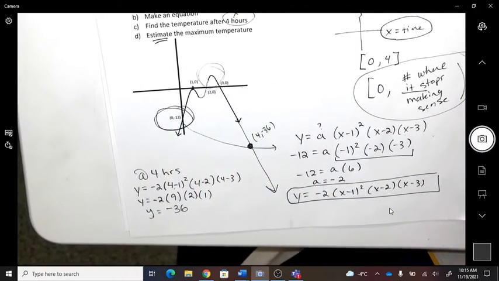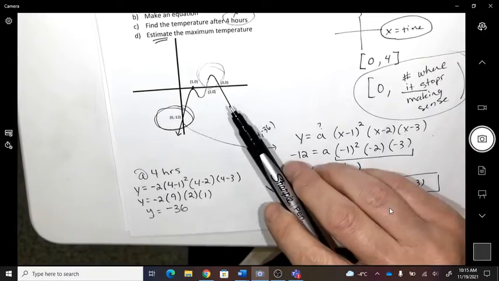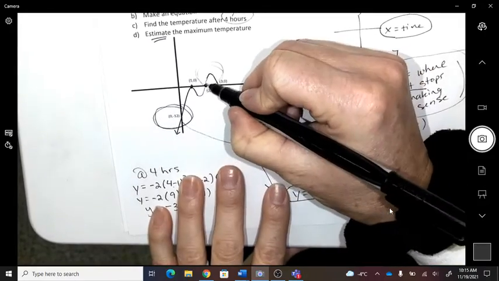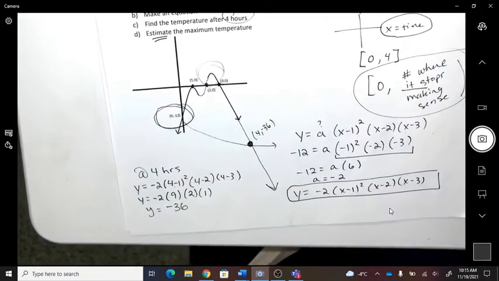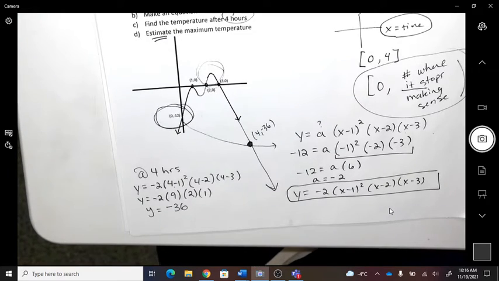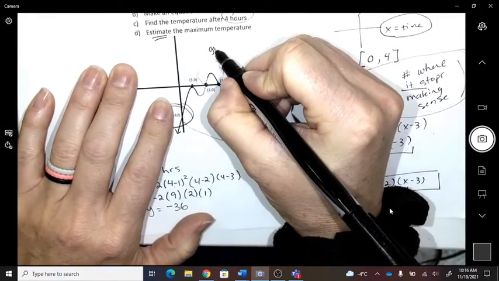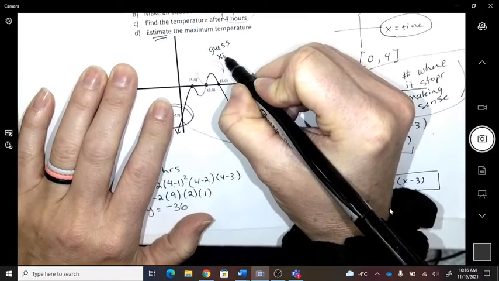My calculus people, we're going to figure that out, but we're not going to do it in pre-calc. So estimate, if this intercept is at 2 and this intercept is at 3, what's a good x value to estimate with? 2.5. So I'm going to guess.